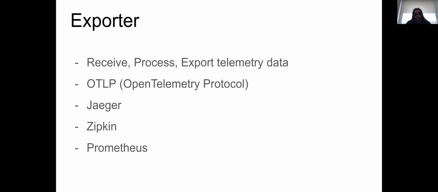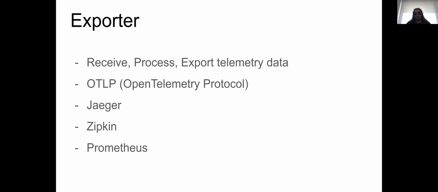Okay, so I already talked a little bit about the collector, just the final piece, which is the exporter. The exporter is something that you configure on your app, and that's how you're going to export the data to somewhere else. Ideally, you want to use the OpenTelemetry collector, which already has this protocol called OTLP, the OpenTelemetry protocol, and that's the recommended way to do it.